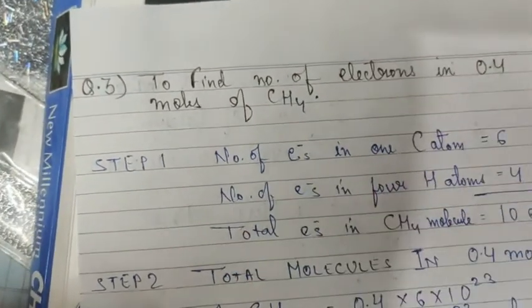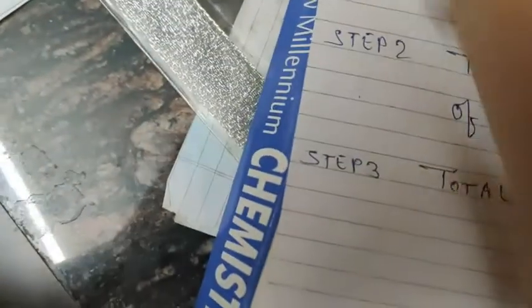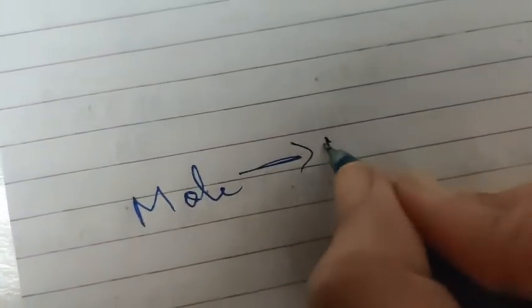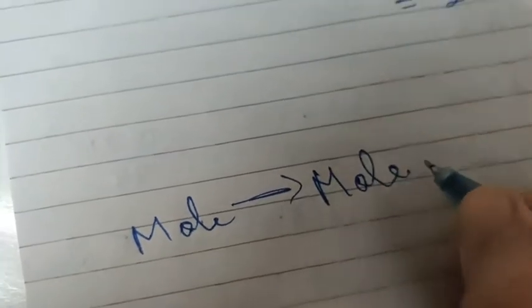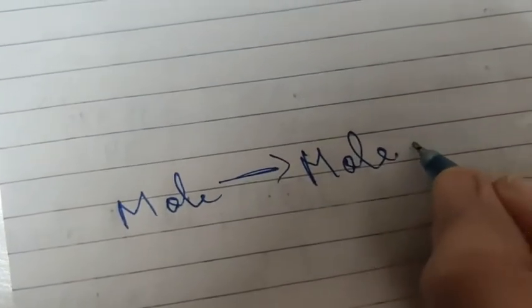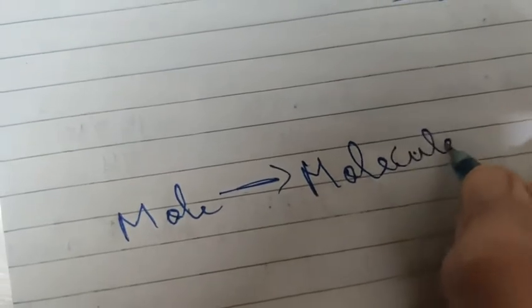So here I would like to tell you one thing before solving this problem. Now see here, children, whenever you have mole in front of you, from mole directly you can obtain molecule by multiplying it with the Avogadro's number.